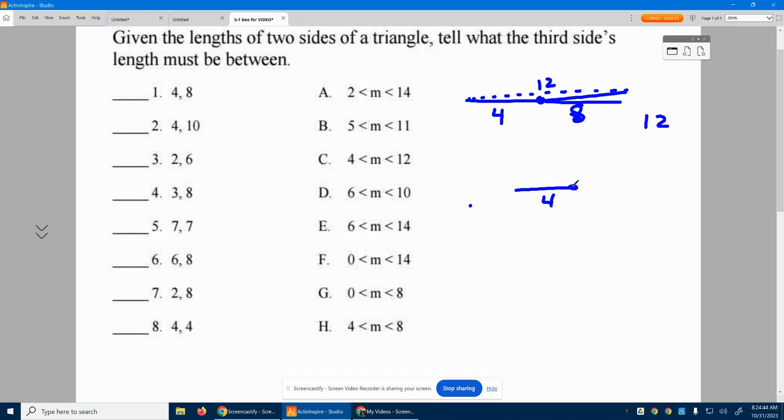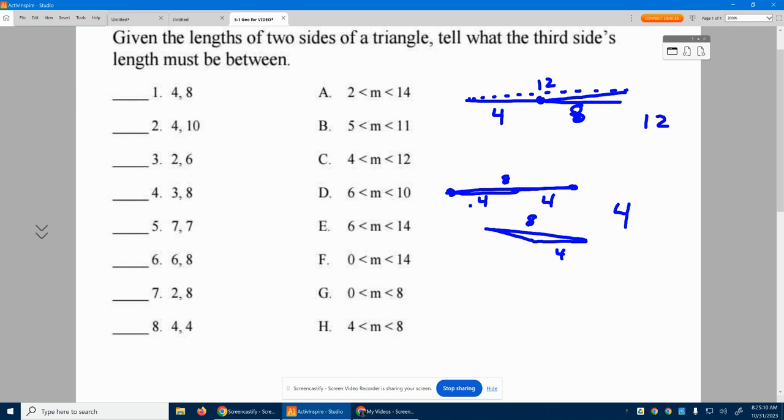If I came straight back of 8, there's 4 from here back to that edge because 4 and 4 makes 8. But it has to be bent up a little bit. So it's got to be a little bit more than 4. 4 would be perfectly flat there. So it's a little bit more than 4. So 4 would be about as small as I could get it. 12 would be about as big as I could get it.